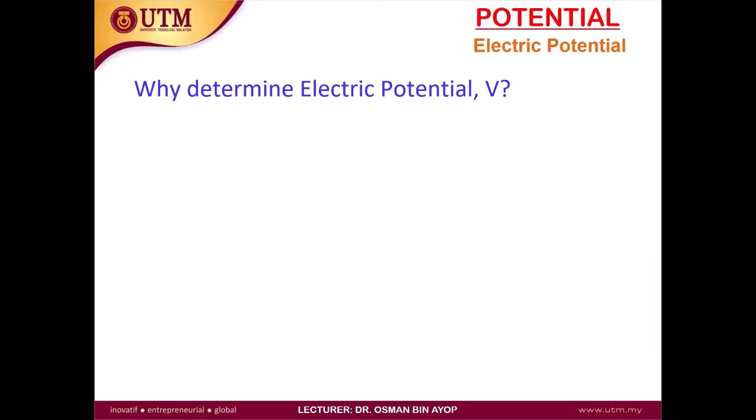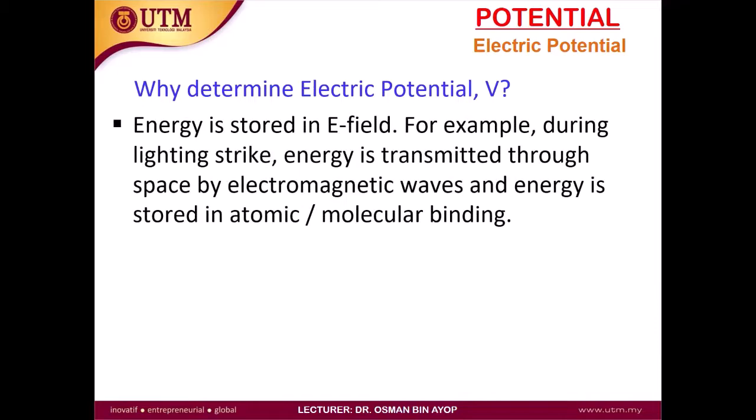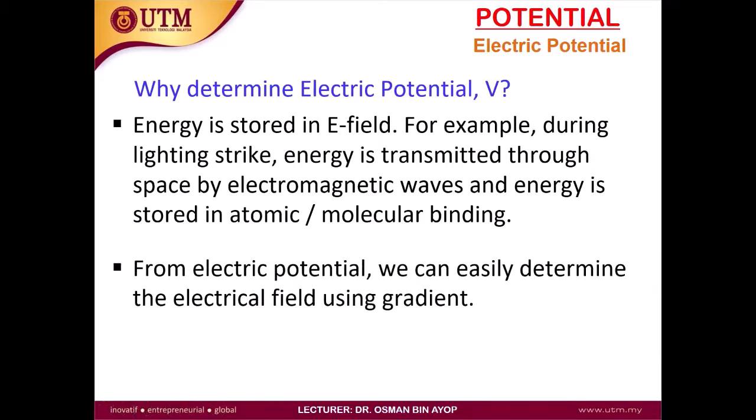Next, why determine electric potential? Energy is stored in the E field. For example, during a lightning strike, energy is transmitted through space by electromagnetic wave, and energy is stored in atomic or molecular binding. From electric potential, we can easily determine the electric field using the gradient.